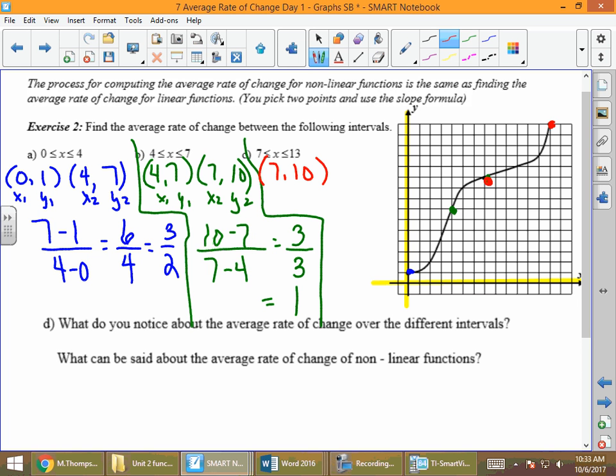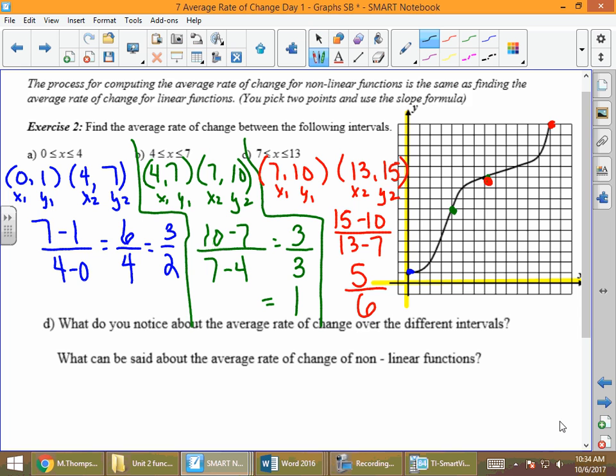It's 13, 15. And once again, let's look at our slope formula. Here's x1, here's y1, here's x2 and y2. We get 15 minus 10 over 13 minus 7. 15 minus 10 is 5. 13 minus 7 is 6.